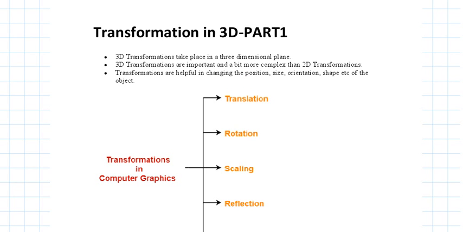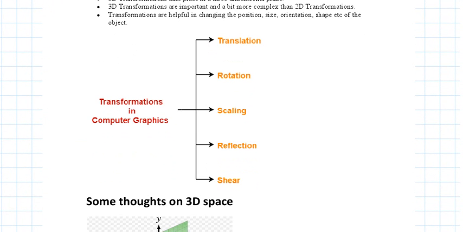Transformations will be the same as you have studied in two dimensions. You will have translation, rotation, scaling, reflection, and shear transformation, as well as composite transformations and transformation with respect to some arbitrary location.